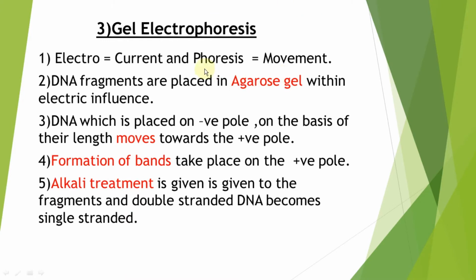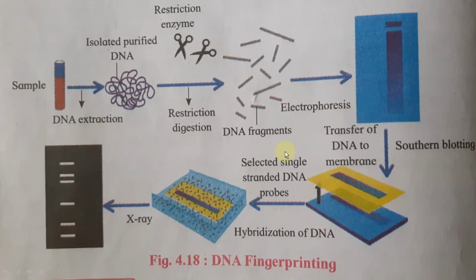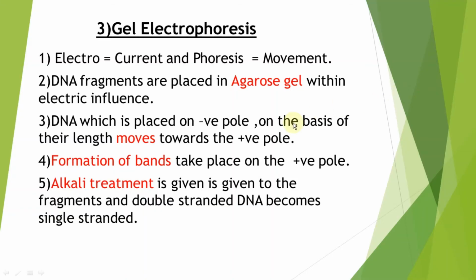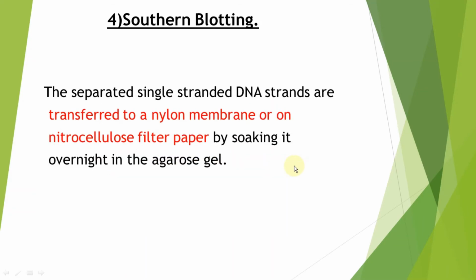DNA fragments are placed in agarose gel, current is passed, and they move towards the positive pole. Then formation of bands takes place on the positive side.